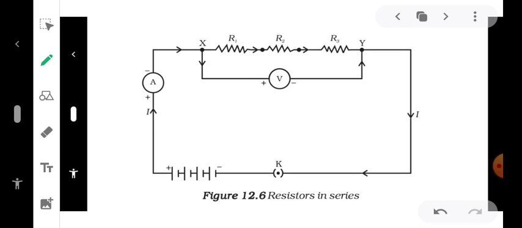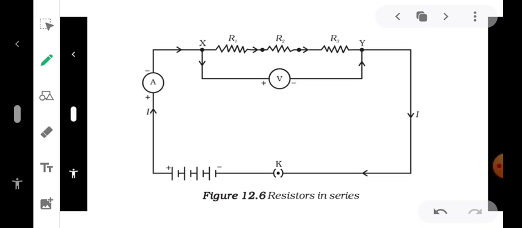In that, when a number of electric cells are connected in a series connection, that is called a battery. This is what I said in the previous class when we discussed electrical symbols. If you don't remember, just go through the previous class.